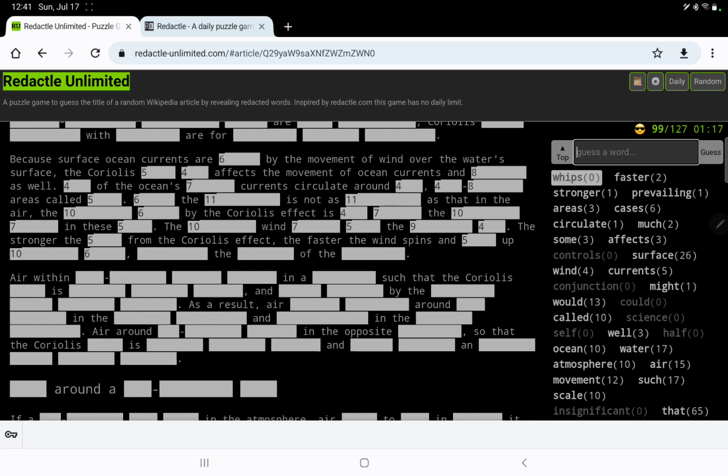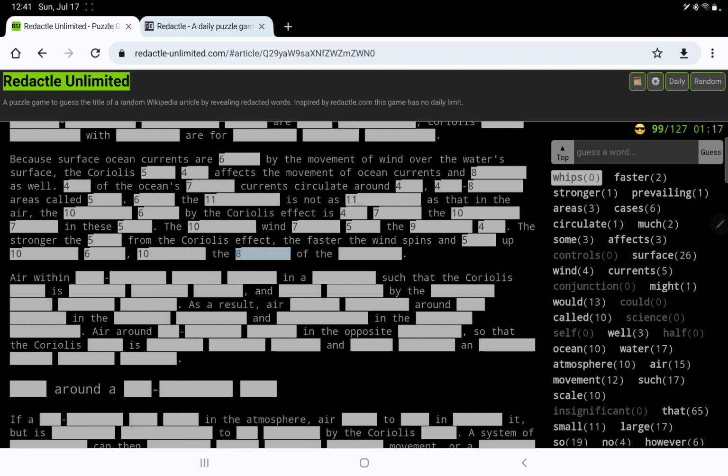I whip my hair back and forth. No. Faster the wind spins and riles up, drives up. Something, the something of the something. Air within 4-8. So what are these 4 dash?